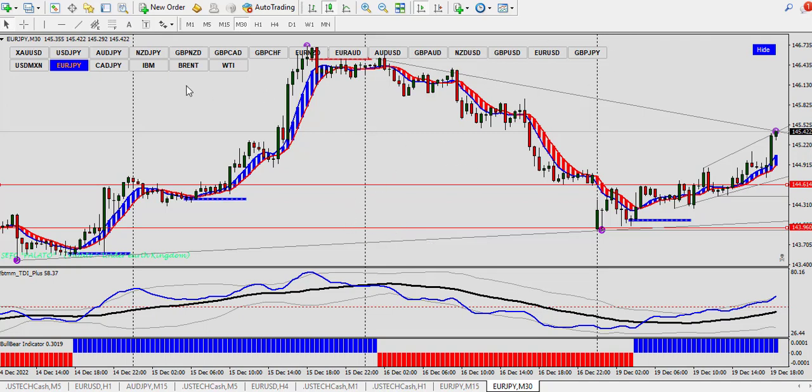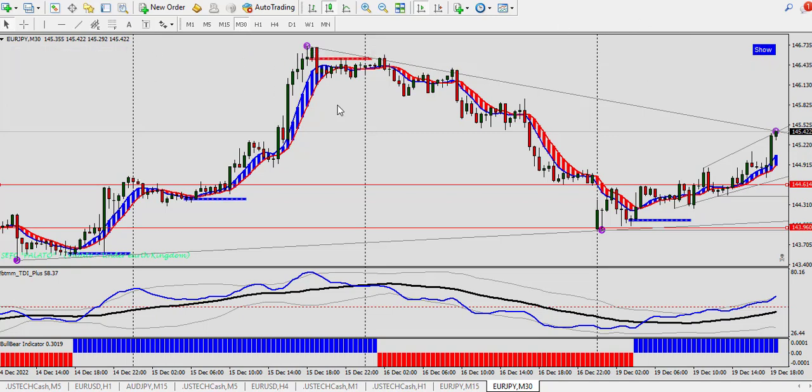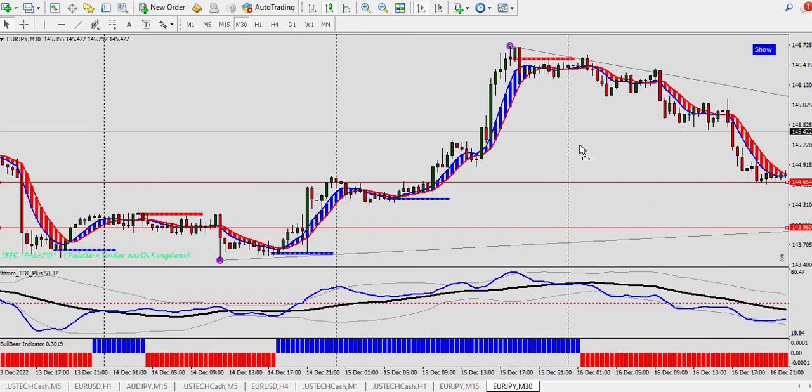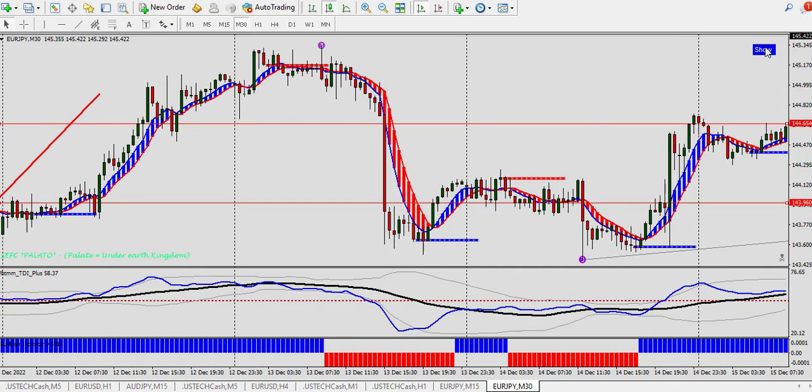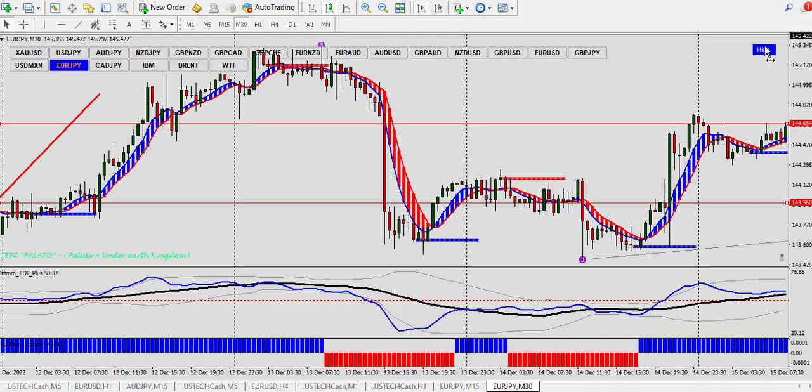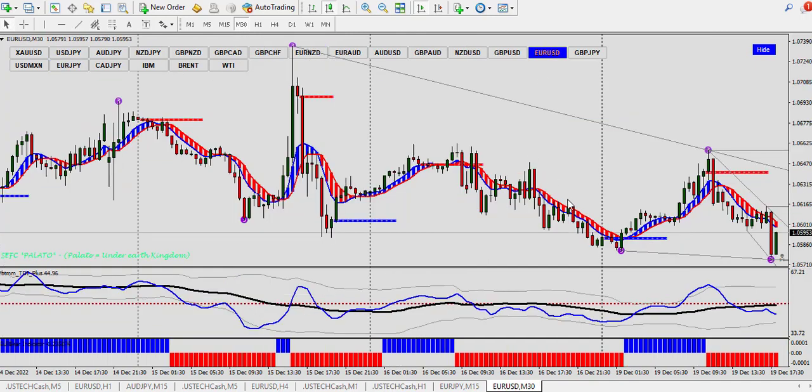And if you do not want all the pairs to show, just click hide, and it's going to hide it, so that you'll be able to see your chart clearly. And if you want to check any other pairs, you can do the same thing also. Just click on any of these particular pairs that you want to check, and here is Euro USD.